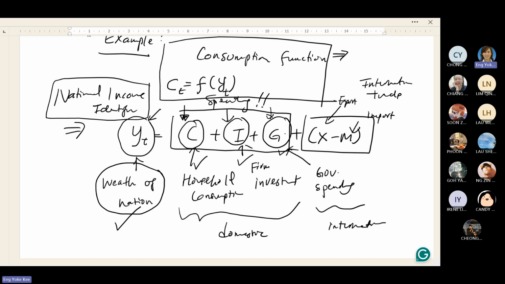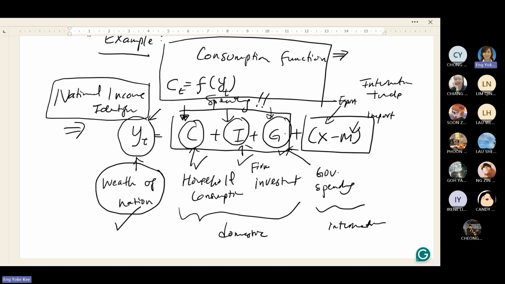It's a way for a government to manipulate the way you spend your money. So if the economy is not doing well, the government tries to reduce the interest rate so that you won't save more money in the bank, you're going to spend. So this is how it boosts the economy.